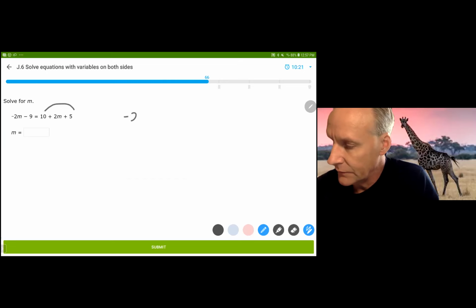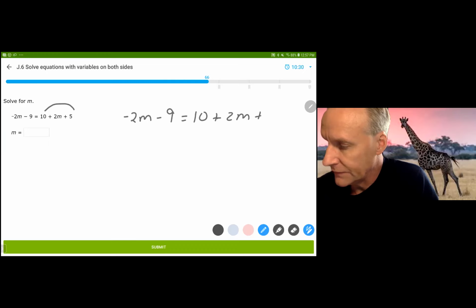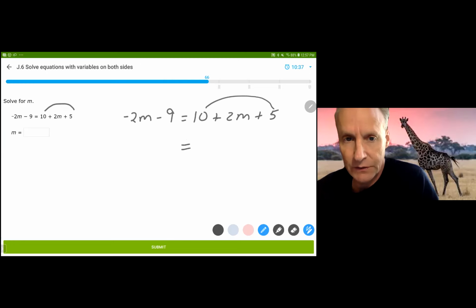So negative 2m minus 9 is equal to 10 plus 2m plus 5. I'm going to add these together at the same time, and I can add them out of order because there's no subtractions going on. And I'm also going to add 2m to both sides.